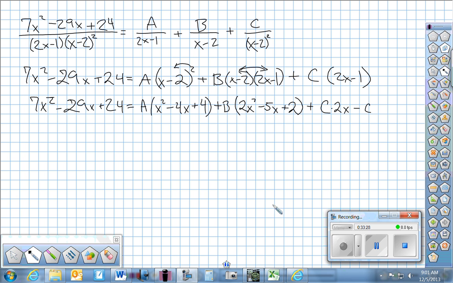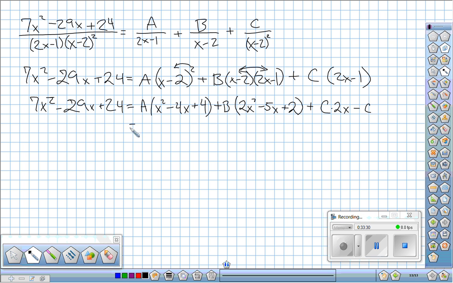Okay, and then I'm going to distribute out the a and the b. So the 7x squared, that side staying the same. So I have ax squared minus a 4x plus 4a plus b times 2x squared minus 5x.